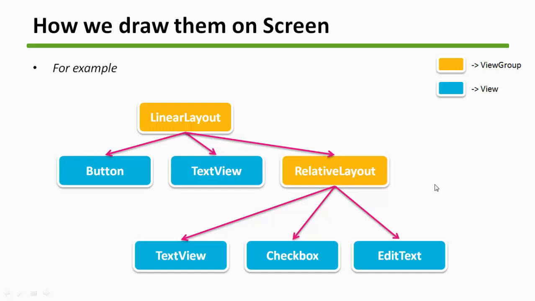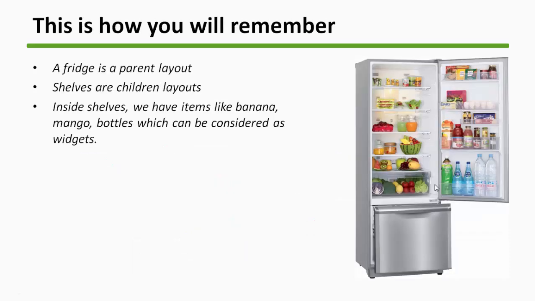Well, you may be confused. So let's take an example of a refrigerator. A fridge is the parent layout, and as you can see, this fridge contains different shelves. For vegetables, we have a different shelf. For fruits, we have a different shelf. And for water bottles or for jams, we have a different shelf. Now, each item present in the fridge, either a mango, a fruit, a banana, or a bottle, is a view, like a button.